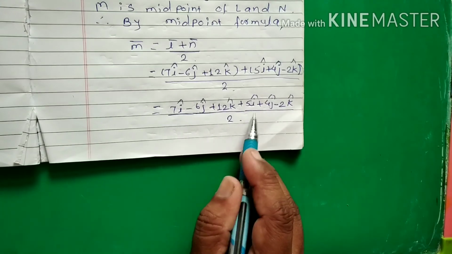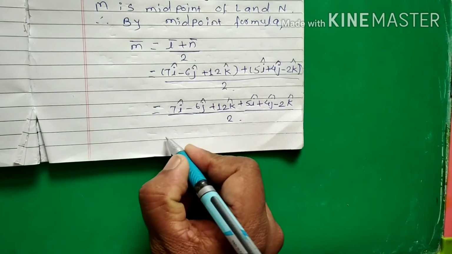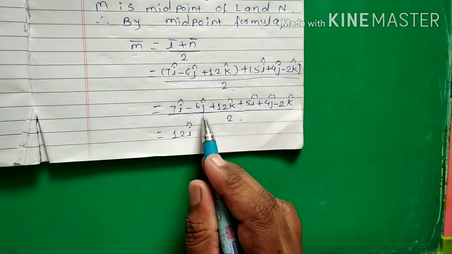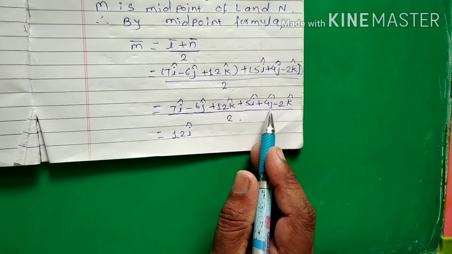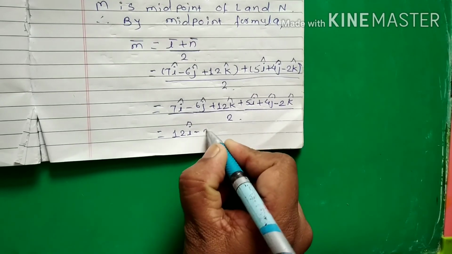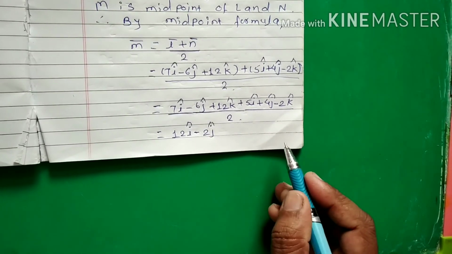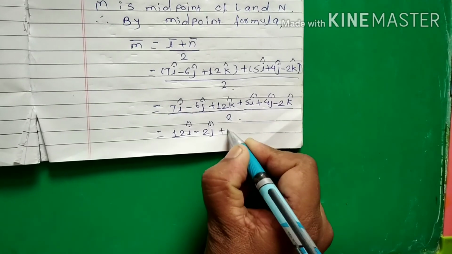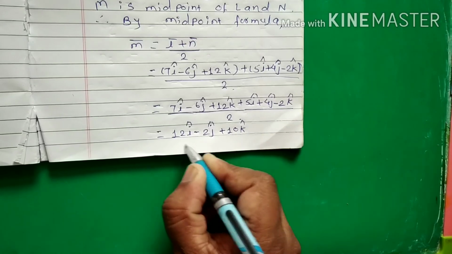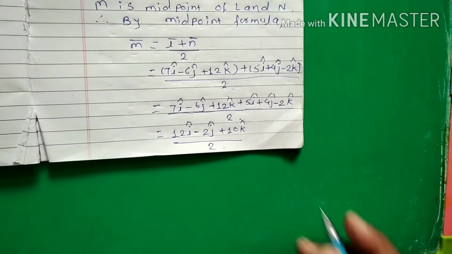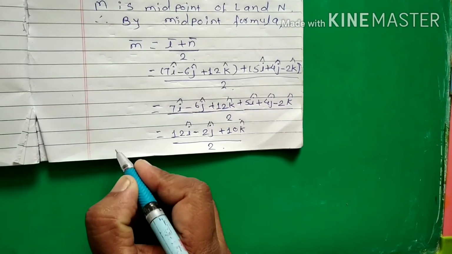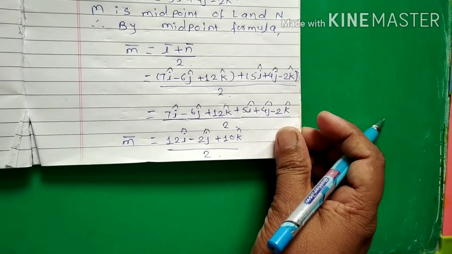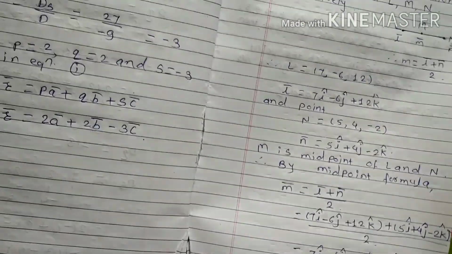Then 7 i cap plus 5 i cap we get 12 i cap, minus 6 j cap plus 4 j cap we get minus 2 j cap, and plus 12 k cap minus 2 k cap we get plus 10 k cap, divided by 2. It is the value of m bar: 12 i cap minus 2 j cap plus 10 k cap divided by 2.